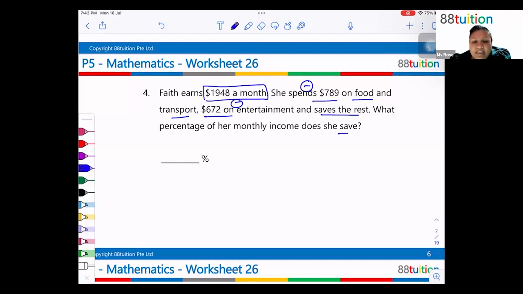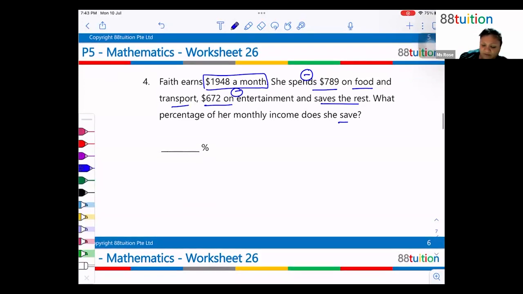How much money did she save? Yes, Hui Feng. You wanted to say something? Or it's not working? Yes, Tanishka, that's right. Timothy, correct.